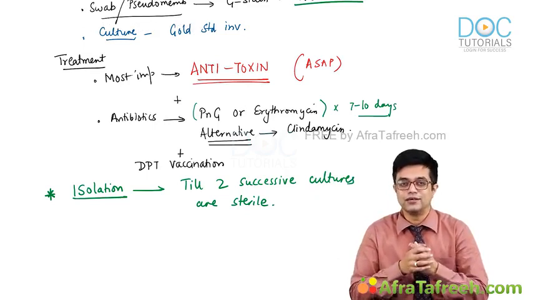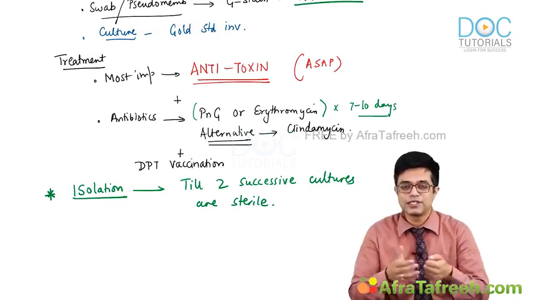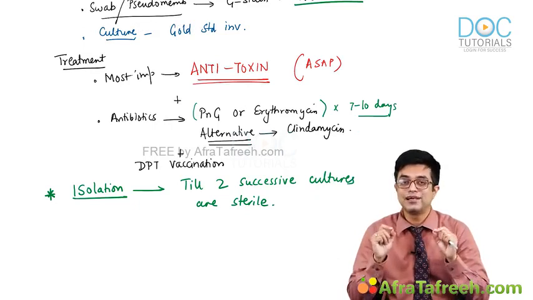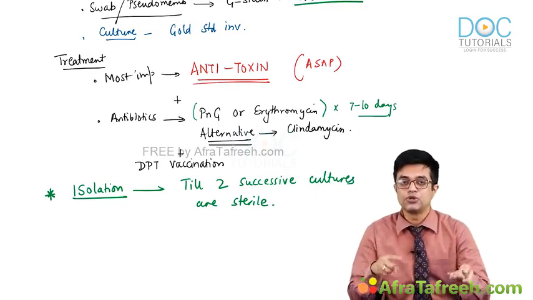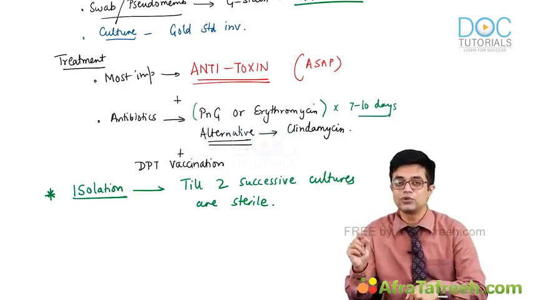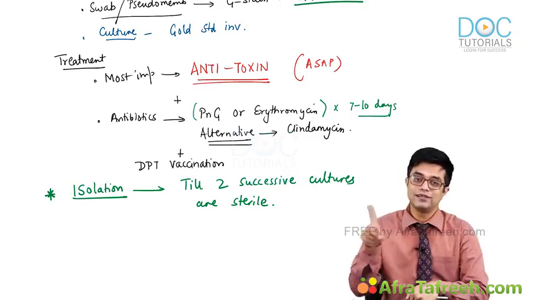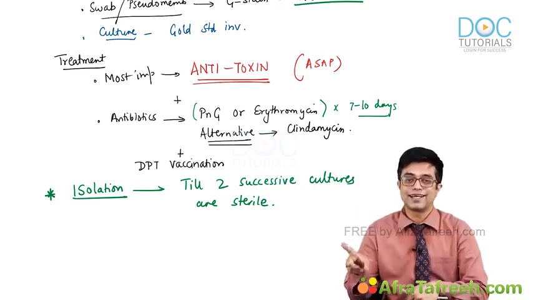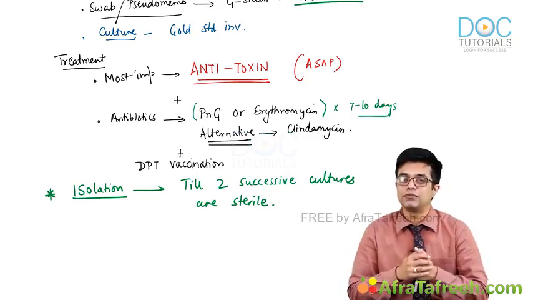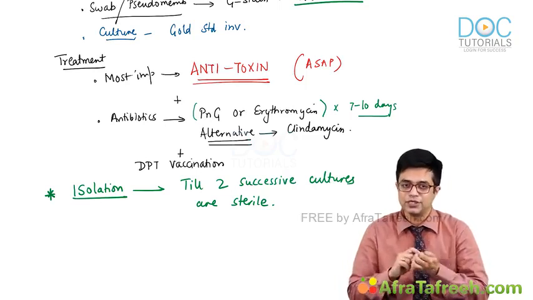But for scenario-based MCQs, this is important. If the culture is found to be still positive for the organism, you should first change the antibiotic and give another complete antibiotic course for 10 days, and till the 2 successive cultures are negative, you should not presume the patient to be completely free from organism. So, this is something that you must remember.